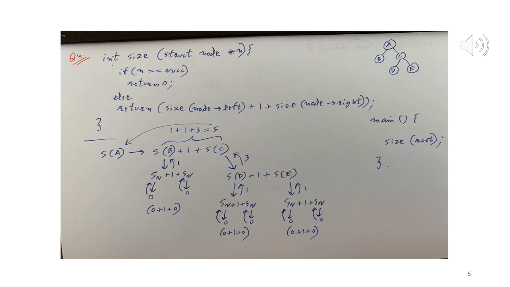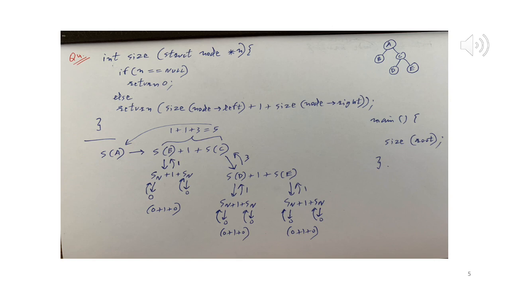The left child of D is null, so we get S null. The right child of D is null, so we get S null, and then the 1. Once they evaluate, 0 plus 1 plus 0 is returned, which is 1. So the value of SD is 1.